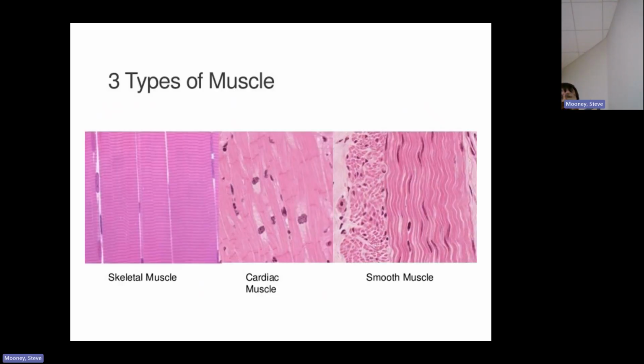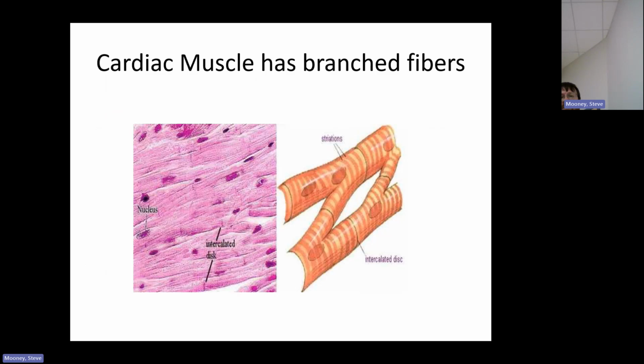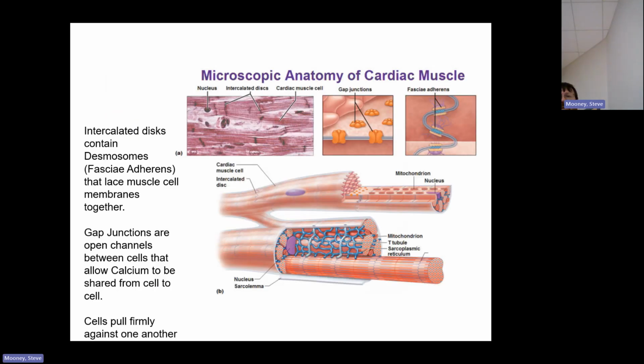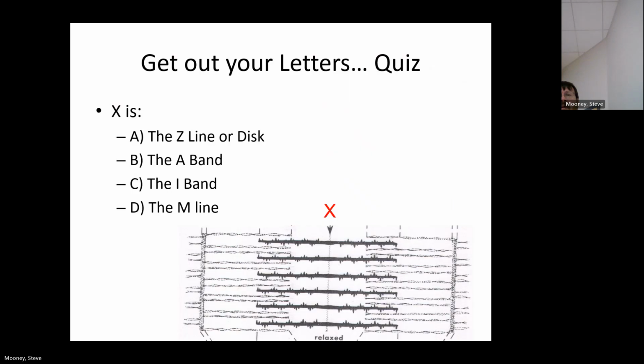So again, looking at different pictures, make sure these get up there. There, so get out your letters. Let's see what we learned from last time. So X marks the spot. What is X?